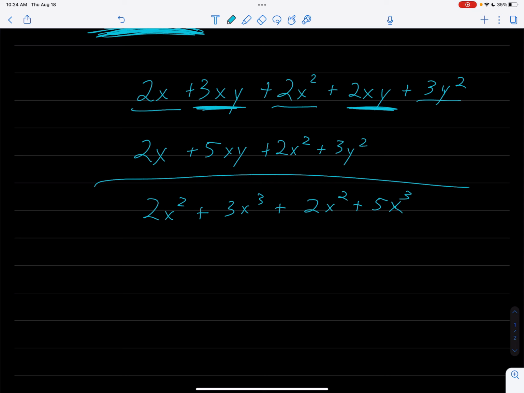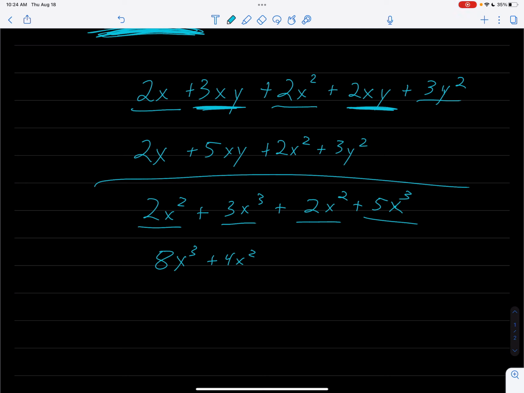So I like to go with my highest power because we usually write, like right here, I didn't write this like I would normally write it. I usually go to the highest power first. So that's my leading term because that's the most important part to understand the behavior of your expression or your function. So I have 3x cubed plus 5 more x cubes. I get 8x cubed. And then I have 2x squared plus 2x squared is plus 4x squared.